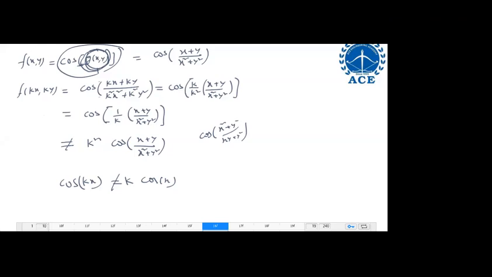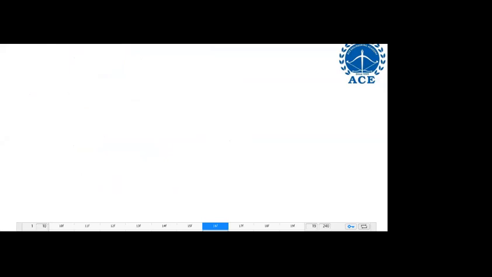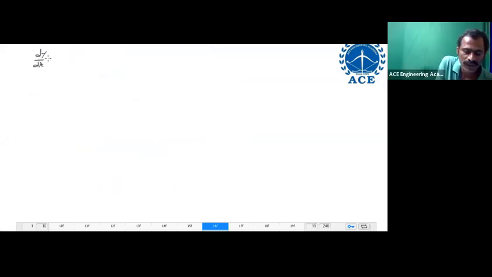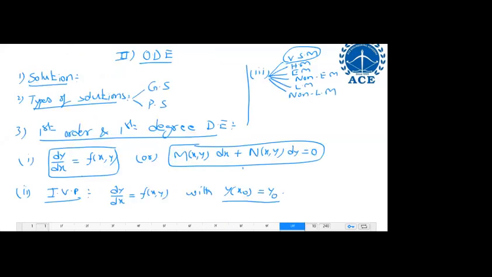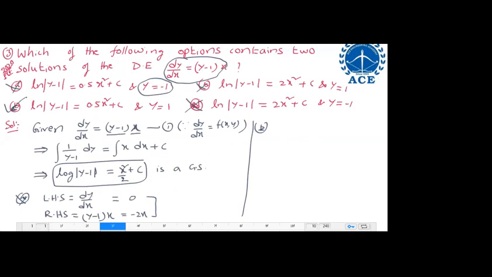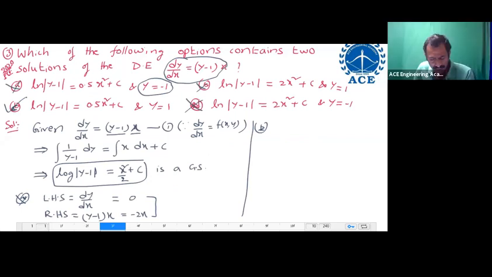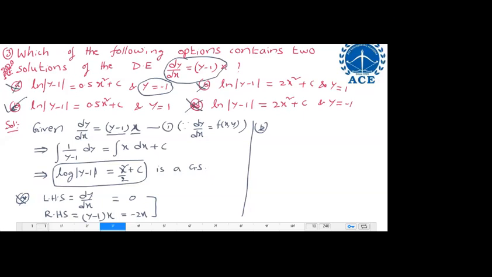Tell me. Sir, today's third question: dy by dx plus y equal to 1. I was using the variable separation method, so my answer came out different. I just need some help with that part. Your question is dy by dx plus y equal to 1.